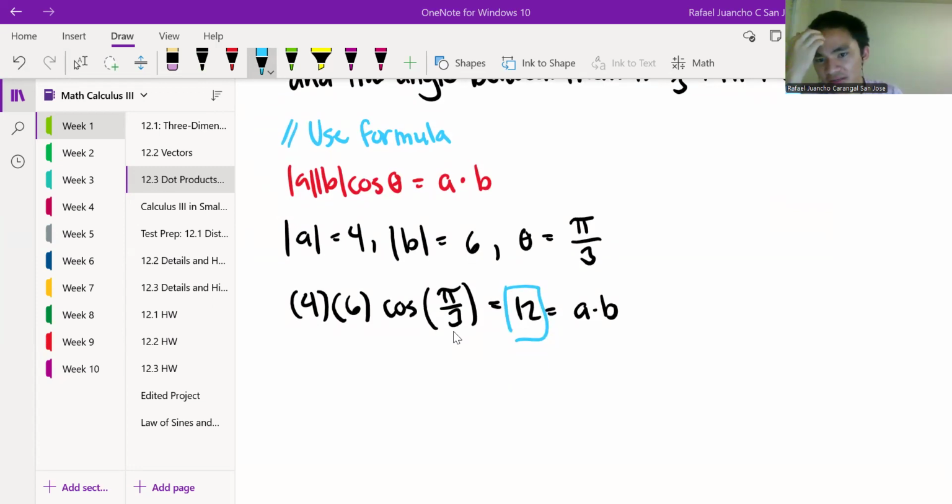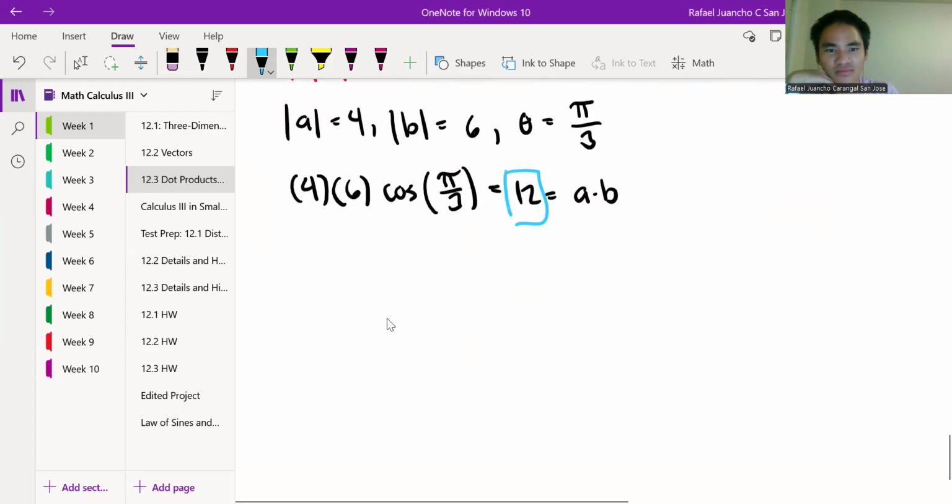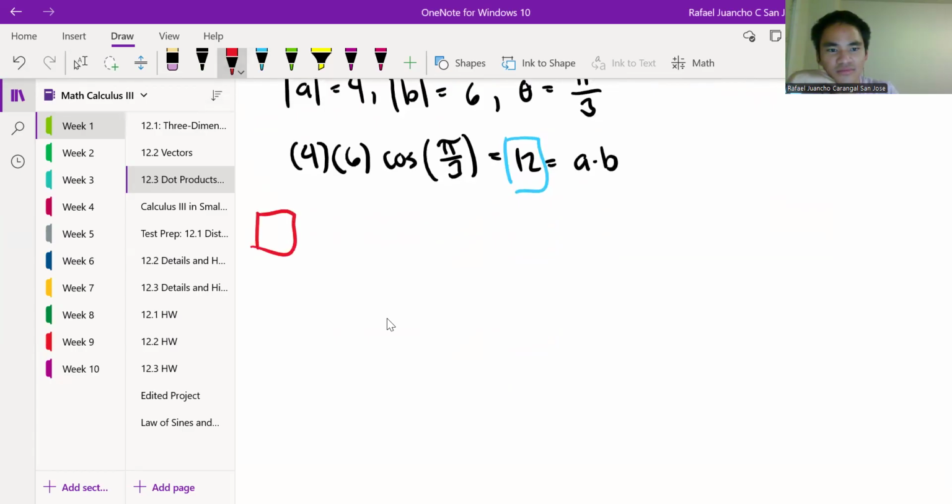So that formula actually also enables us to find the angle between two vectors, right? I'm going to Google this because it says in the textbook corollary. I don't know what that means. Probably something in math, maybe.